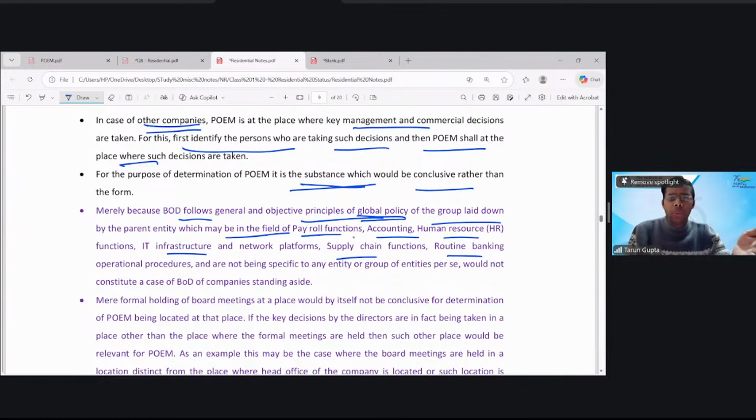So how the accounting has to be done, generally the parent company dictates that, to maintain the consistency, and are not being specific to any entity or group of entities per se, would not constitute a case of board of directors of companies standing aside.